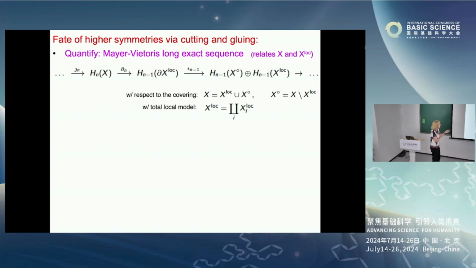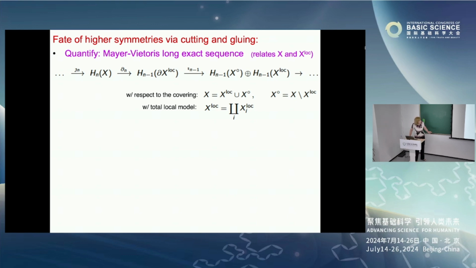And so relating now X zero to X and the boundaries allowed us to construct the interpretation of one-form symmetry, say, which would be associated with the corresponding cycles, and tracing what happens both to defect operators and the symmetry operators.